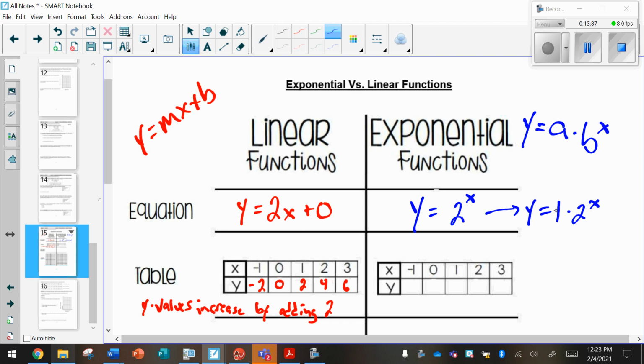So that means on my table, my y-intercept, value of y when x is 0, is just 1. The b, the change value, the common ratio, is 2. What that's telling me is that my y values increase by multiplying 2.